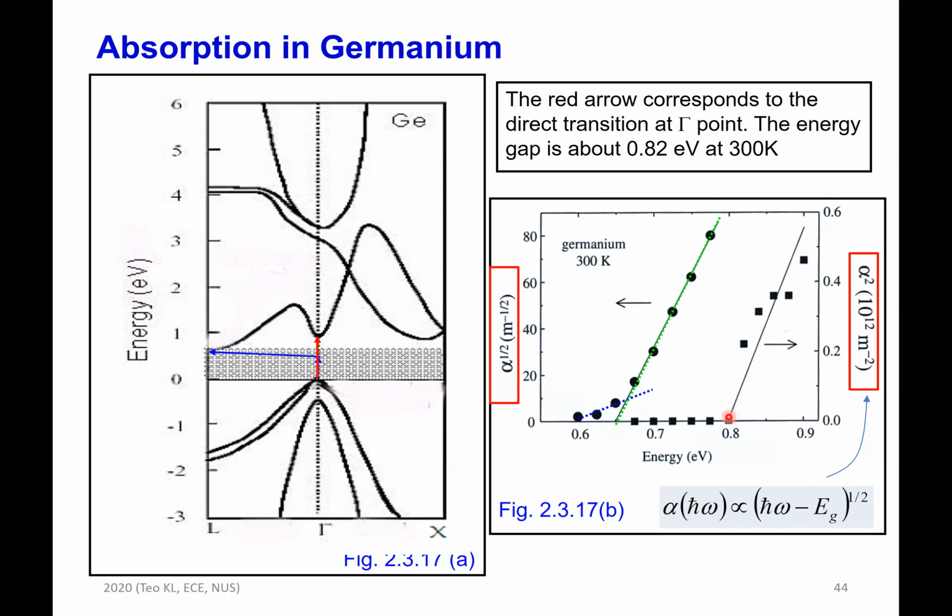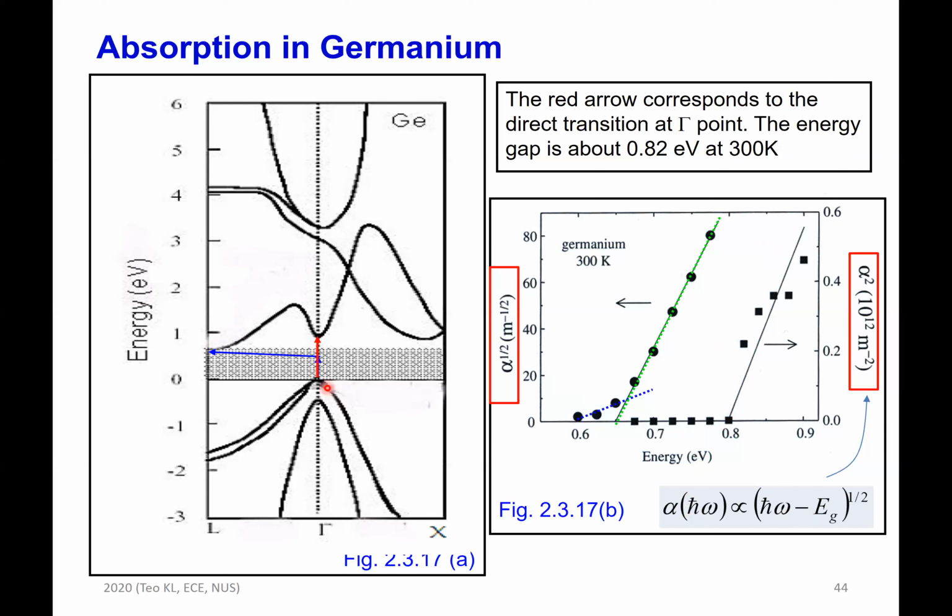So the solid square curve is actually due to a direct transition. Now, this is a direct transition in an indirect bandgap semiconductor. At this point, where it starts to rise, the onset of the absorption is about 0.82 eV.